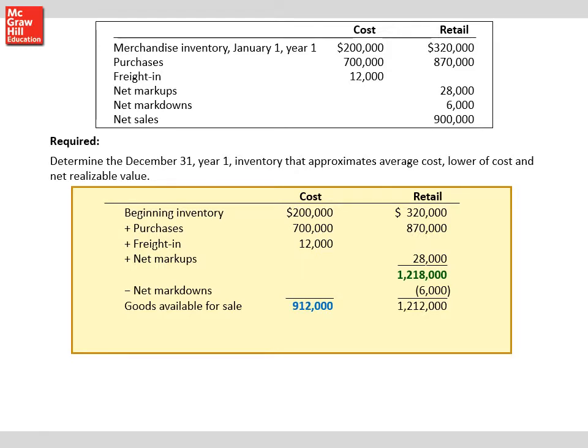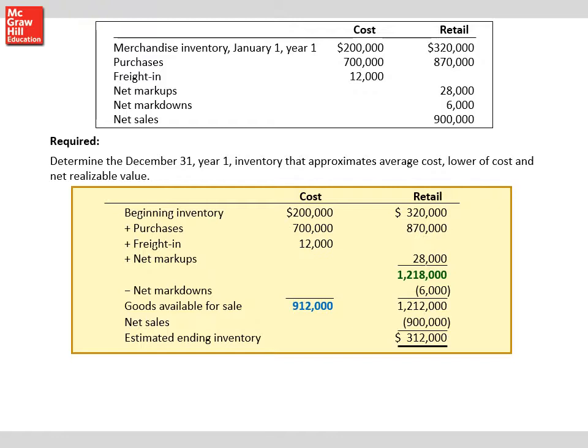That's how much we could have sold those goods we paid $912,000 for. The actual net sales are $900,000. Subtract them. So your estimated ending inventory retail. So of that $1,212,000 you could have sold everything for, you actually sold $900,000. So you have $312,000 retail inventory.